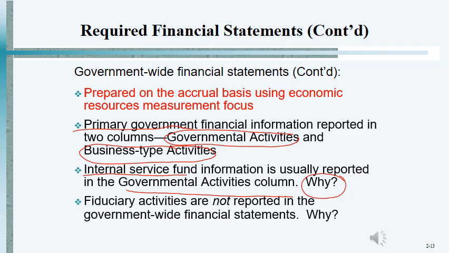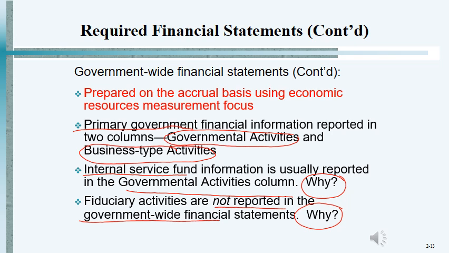Fiduciary activities, as we've said, are not reported at the government-wide level, and we just reviewed that in our Chapter 2 discussion. Why? Well, the focus of the individual funds is our fiscal accountability focus, meaning, are we properly administering our fiduciary duty over the spending of those funds? So for the fiduciary funds, it makes sense that we would report those at fiscal accountability.